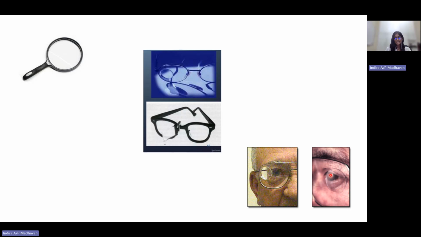Okay, next one is the Fresnel prism. As I said, it is grated, and it is stuck to the spectacles depending on the need. This example shows that the patient is fitted with Fresnel prism on the temporal side. So we can expect the patient to have hemianopia at the temporal side.